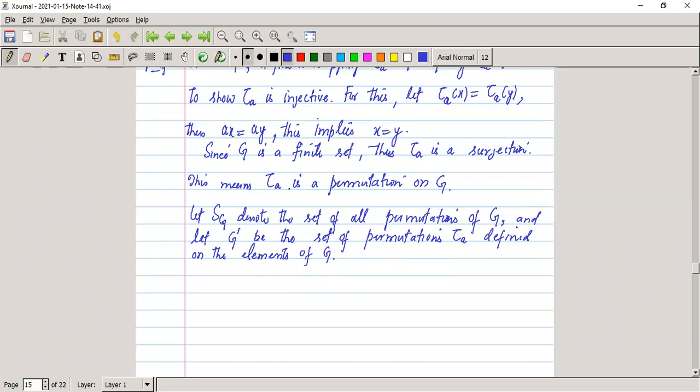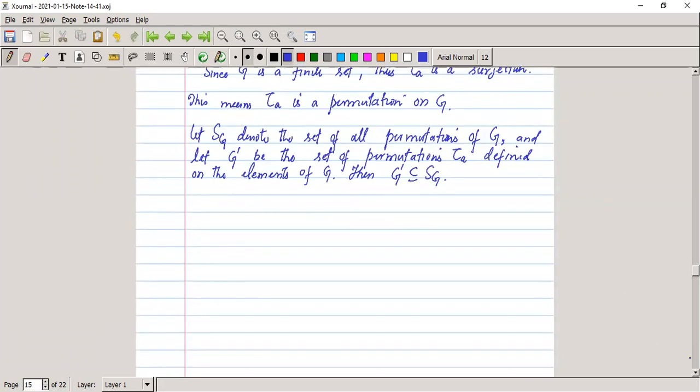Now since each tau_a is a permutation on G and S_G is the set of all permutations of G, and we have denoted by G' the set of those permutations from S_G that are defined in this manner for the different elements a of G, this means that G' is a subset of S_G.